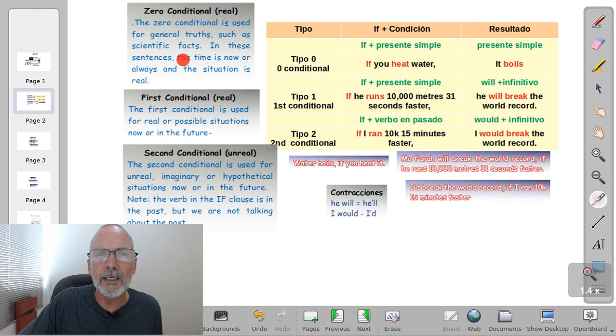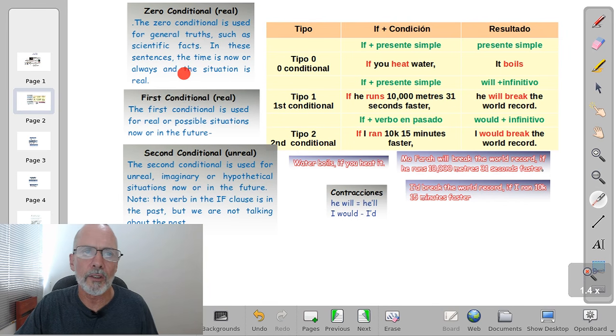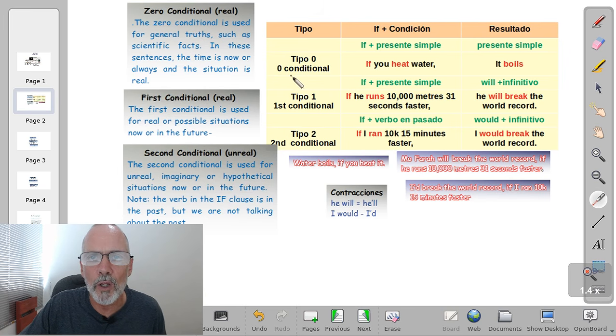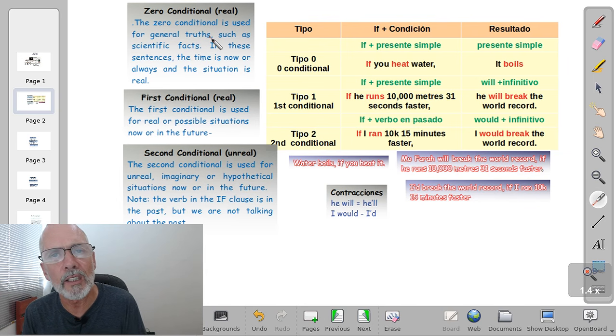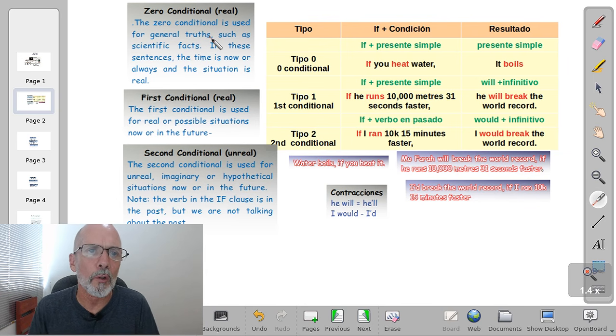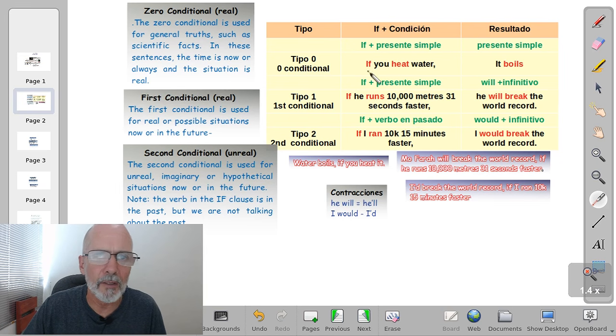In these sentences, the time is now or always, and the situation is real. It always happens. If you heat water to 100 degrees centigrade at sea level, it always boils. It's a scientific fact. So, zero conditional, present, present.